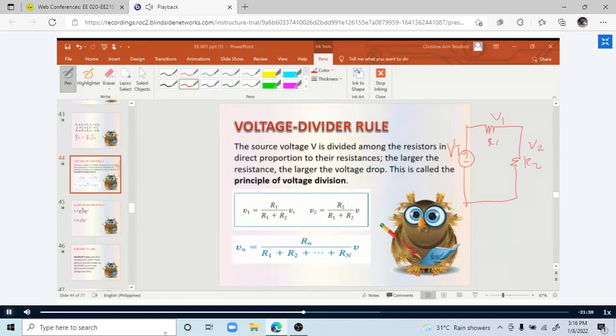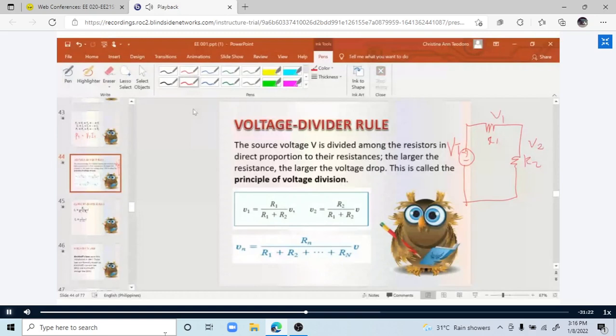Voltage divider rule. Is it applicable if you have three or more resistors? Yeah, it is. Your voltage divider rule can also be implemented if you have three or more resistors. You can at least use the formula below, this one.